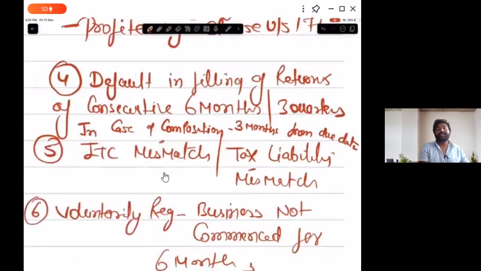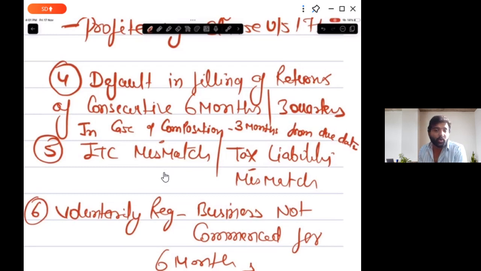So a composition dealer needs to file return by 30th April of the succeeding financial year, and the return is called GSTR 4. So if the composition dealer is not filing that GSTR return by the due date and 3 months have expired from the due date, then the department will issue a notice कि भैया रिटर्न विटर्न नहीं भरना क्या, तुम्हारा जीएसटी कैंसिल कर दें. तो फिर बंदे को समझ में आएगा कि नहीं भैया रिटर्न तो भरना पड़ेगा.